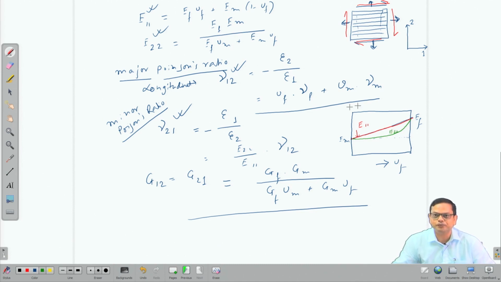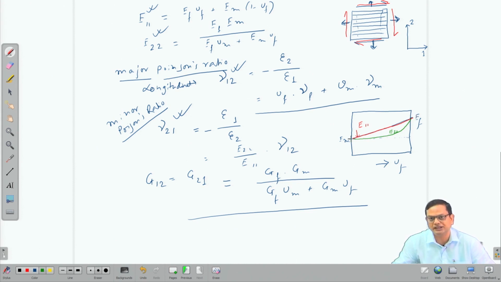Okay. So, this is how the value of the modulus will change with respect to volume fraction depending upon the loading direction. If it is longitudinal E11, it will be a linear relationship. If it is E22, it is a non-linear relationship.